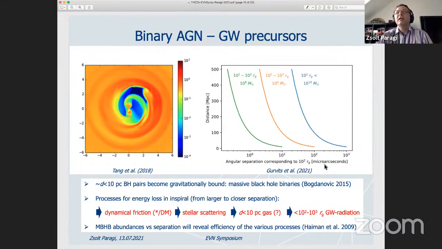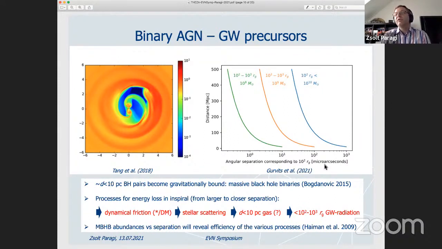Now, in this case, you may assume that after some time, pairs of supermassive black holes may form, and then these black holes would come closer and closer to each other. So there are various processes that are important here, and these processes are different on different spatial scales. So first it would be dynamical friction, then stellar scattering, and then gas may play some role at 10 parsec scales and below.